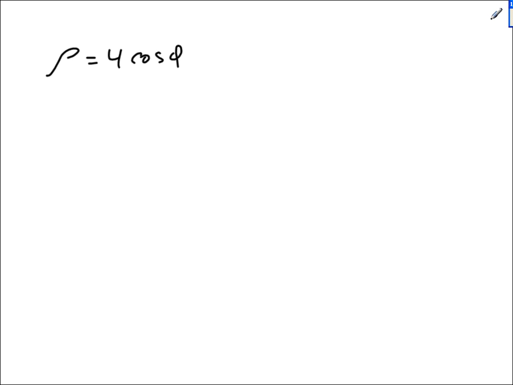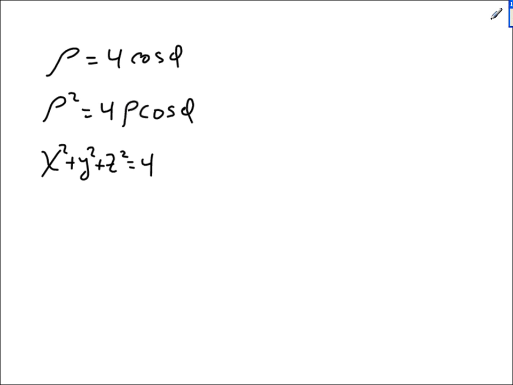Well, if I multiply both sides by rho, I get rho squared is 4 rho cosine phi. And rho squared is x squared plus y squared plus z squared, equal to 4 times that. You need to know your vocabulary. That's z.